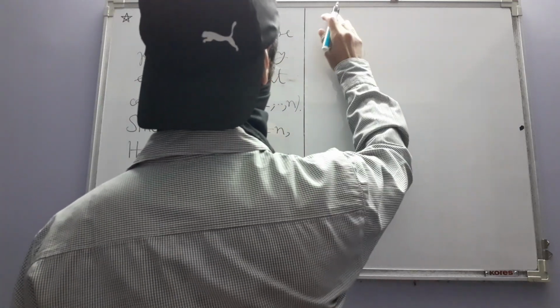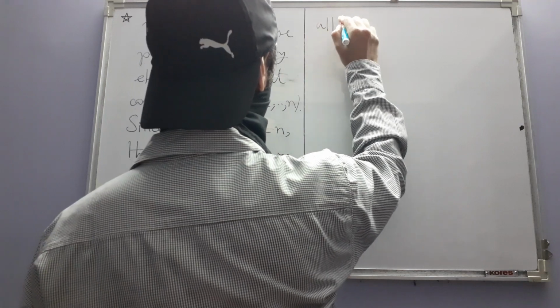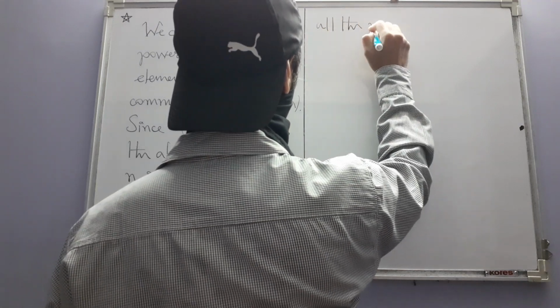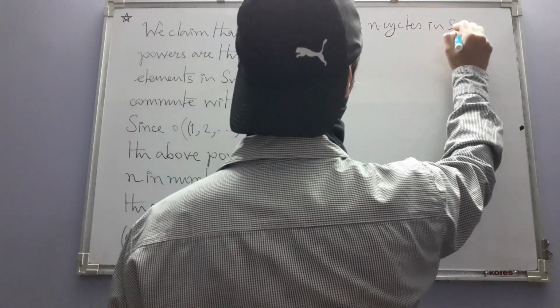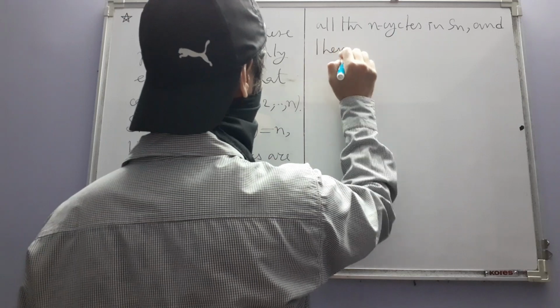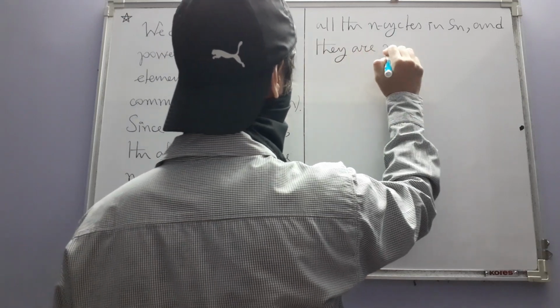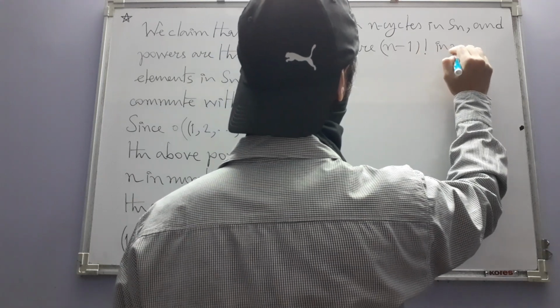So these are precisely all the n cycles in Sn, and they are n minus 1 factorial in number.